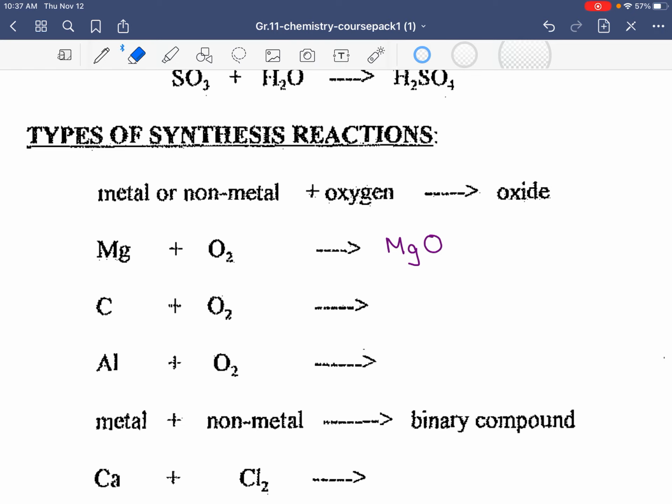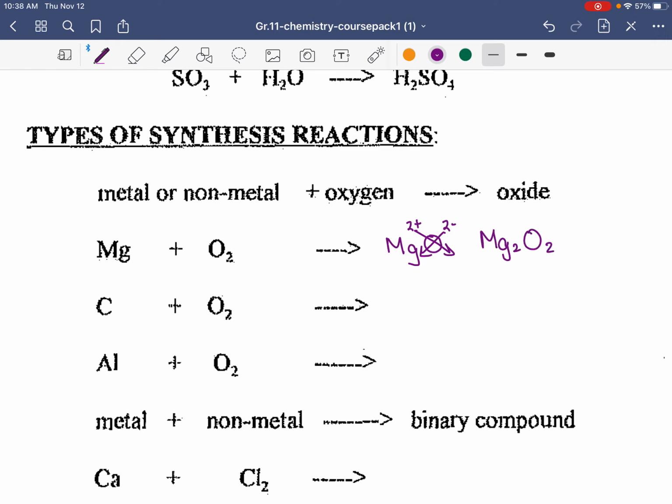Why is it just MgO? It's because Mg has a natural 2 plus charge, and O has a natural 2 minus charge. It doesn't matter what this is; this will matter later when we start balancing these kinds of things. Because of the cross method, we have Mg2O2.